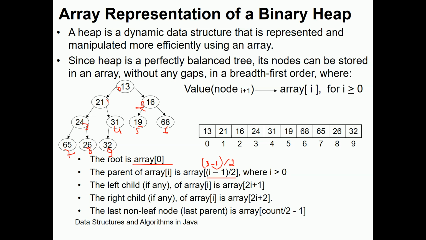The left one is 2 times plus 1 or 2 times plus 2. 2 times, that's 4, plus 1, that's 5. 4 plus 2, that's 6. And there's this rule that can be applied to any one of them. 2 times plus 1, 2 times plus 2. From any node, you can find who's the parent by just taking 1 and dividing by 2. And you can know who the children are by multiplying by 2 plus 1 or plus 2.